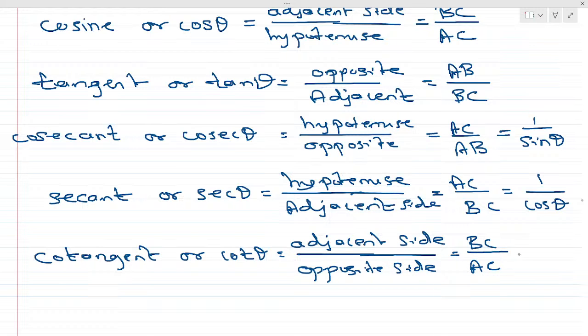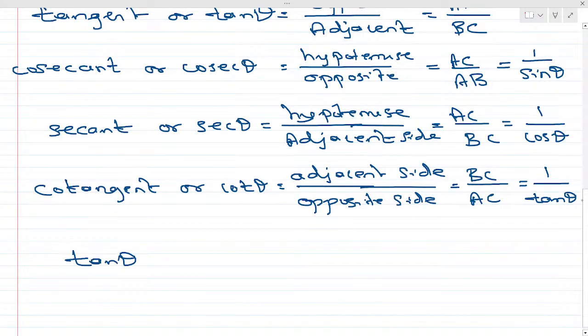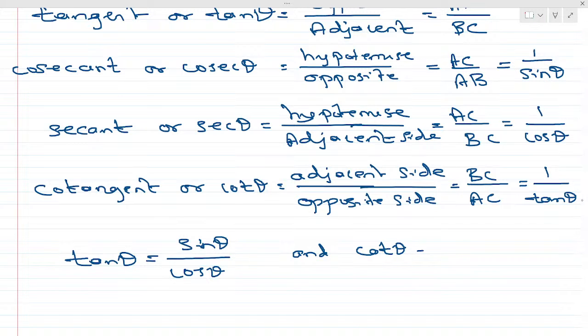So comparison of this gives that cot theta is 1 by tan theta. There is an additional relation: tan theta can be obtained by sin theta by cos theta, and cot theta is cos theta over sin theta.